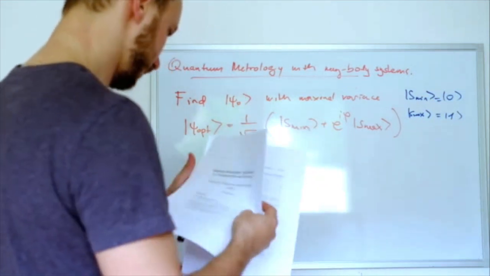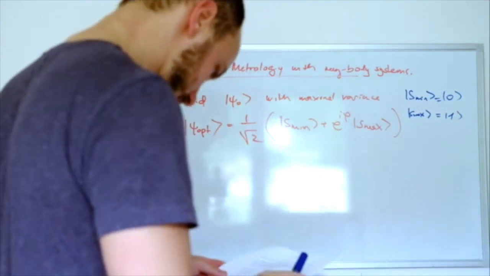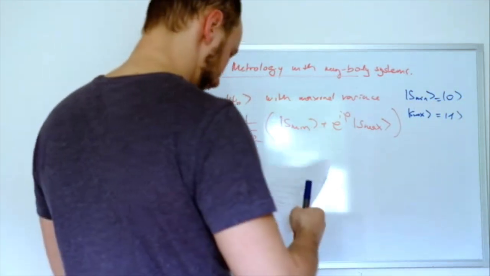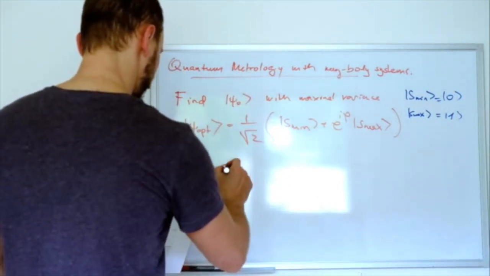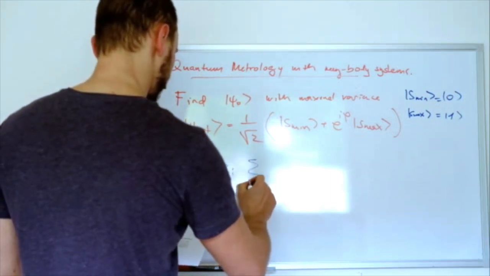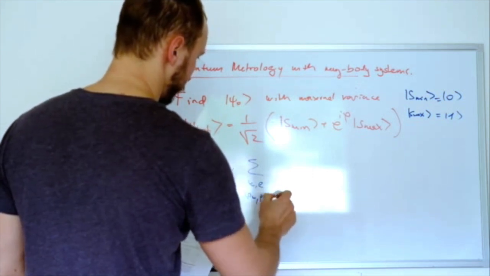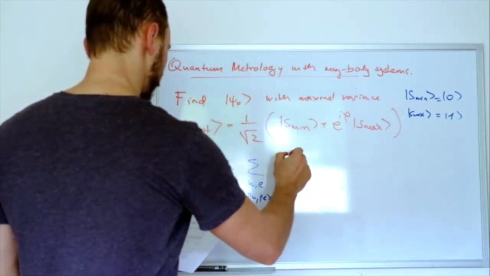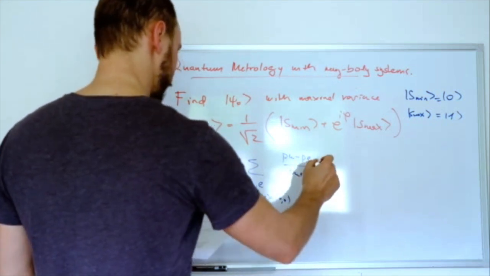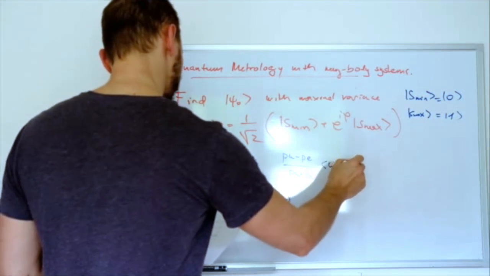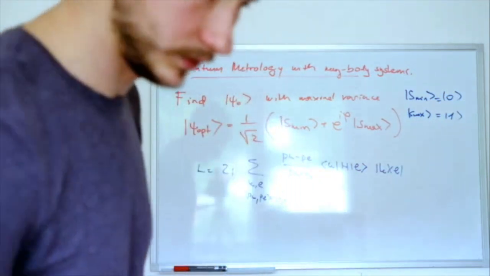The formula we derived in the first hour was: L is equal to 2i times the sum over k and l, only taking indices where both eigenvalues are not simultaneously 0, of (p_k minus p_l) divided by (p_k plus p_l) times the Hamiltonian matrix element H_kl, |k><l|.